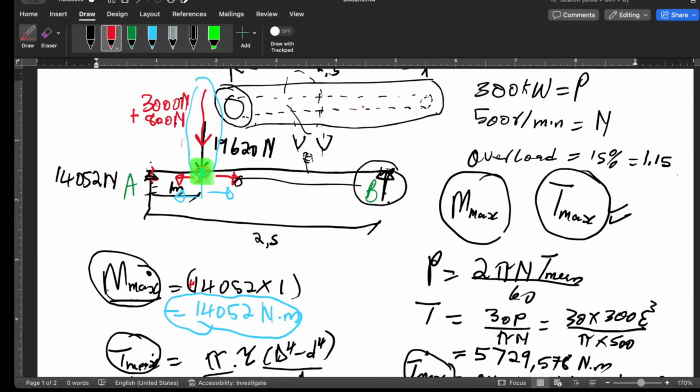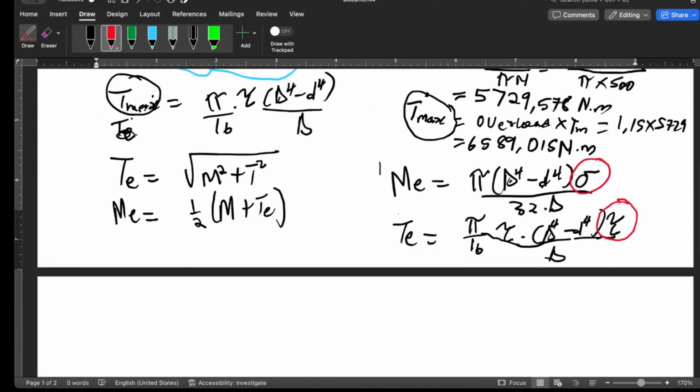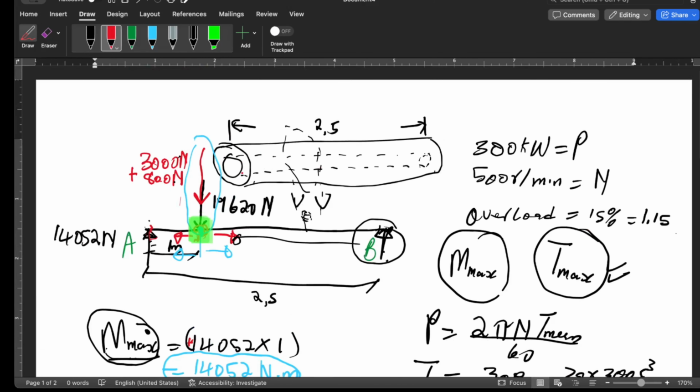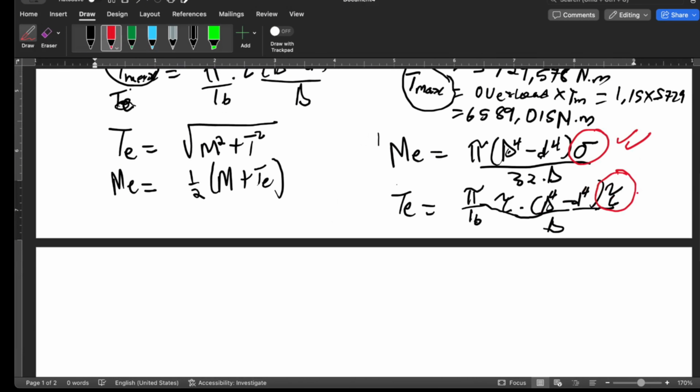As it bends, there will be a bending stress there. So if you have only a bending stress, you will calculate using this one. If you start twisting the shaft, when the shaft starts rotating, if it fails, it will shear. So if you are given a shear stress, you will use this formula.